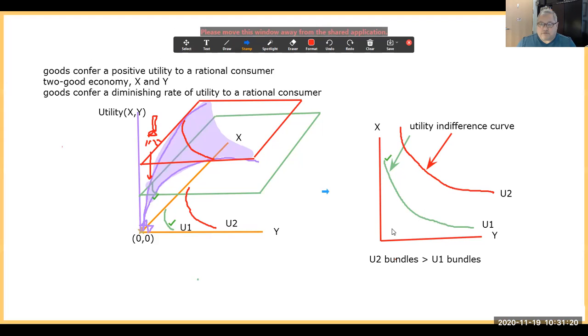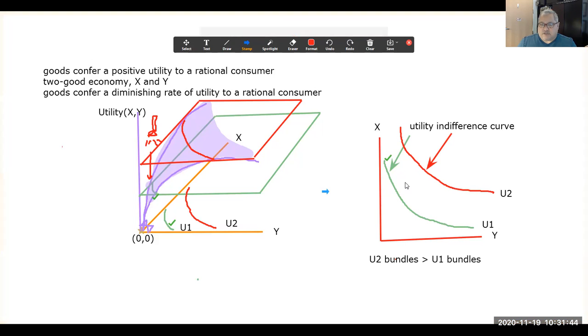It's impossible for them to cross, because then you would have equal utility and unequal utility at both cases, and that would be a contradiction of how utility increases, which is more is better, more gives you more utility, but at a diminishing rate. So these indifference curves are never touching each other.